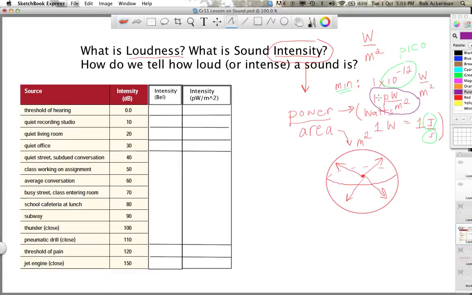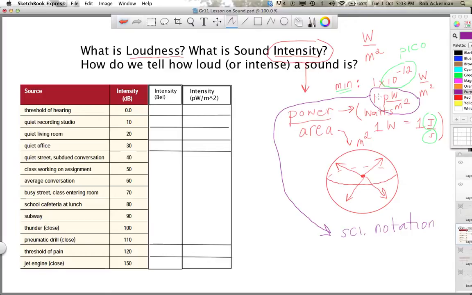Now, what they do next to help get us away from these awful units of picowatts per square meter, you got to think of the pico, you got to think of dividing by square meters. What we do is we go into scientific notation. We're going to write this number as follows.